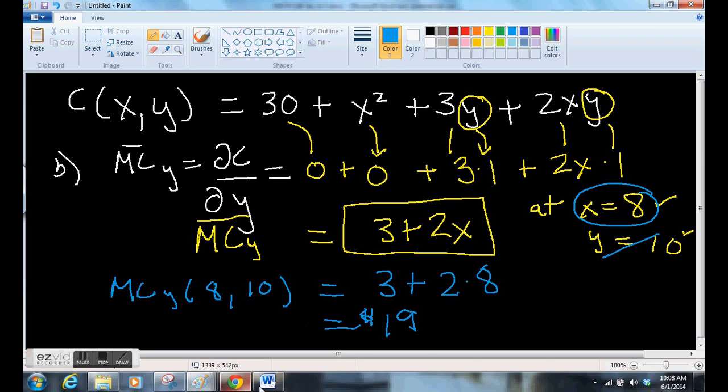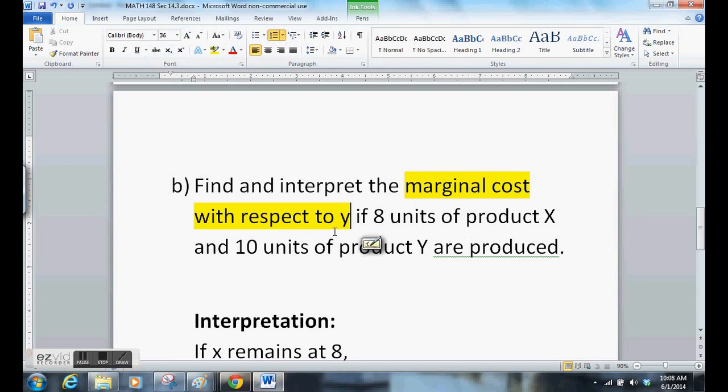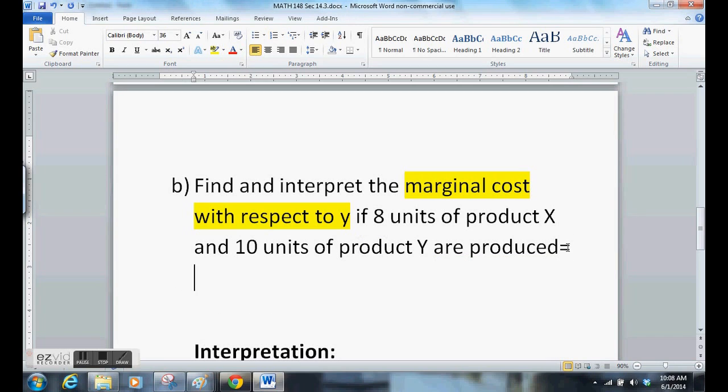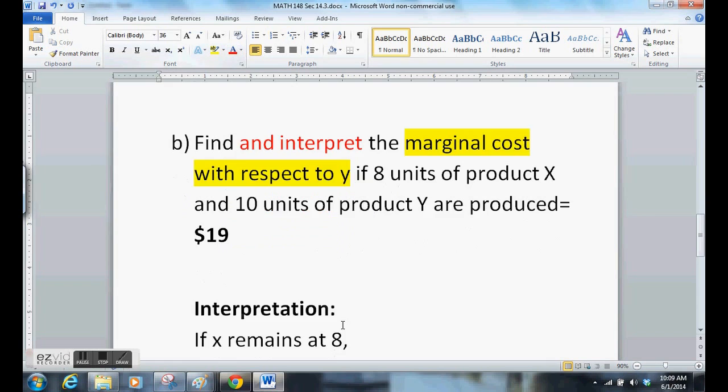So the marginal cost with respect to y, I'll go back to the problem. The marginal cost with respect to y if 8 units of x and 10 units of y are produced equals $19. It's such a short little answer for a calculus problem, isn't it? $19. Interpretation. So it said find and interpret.